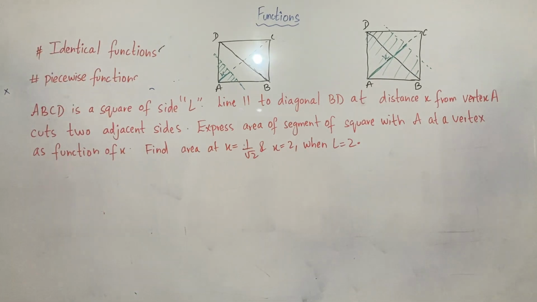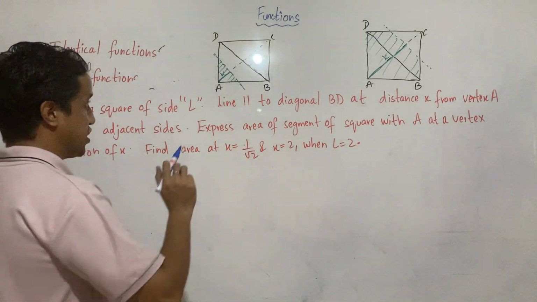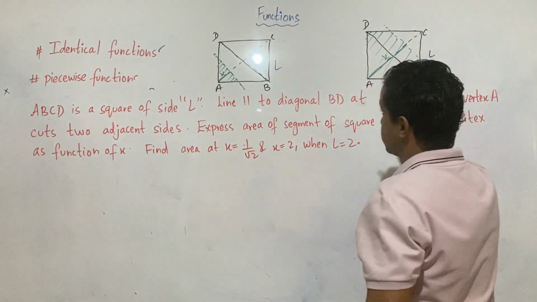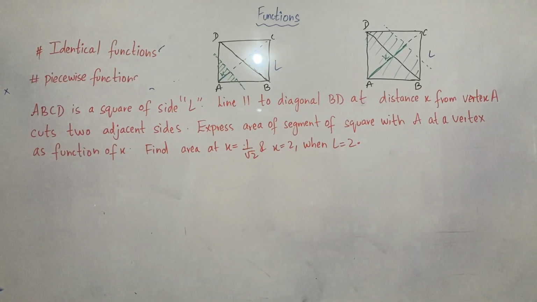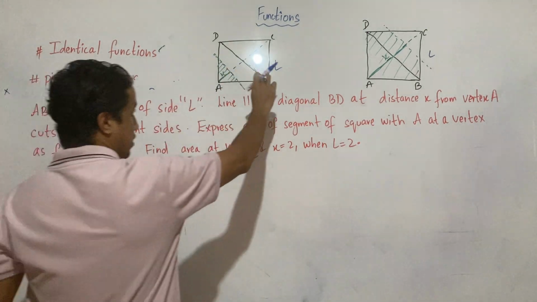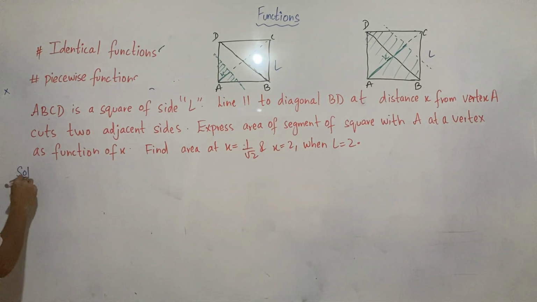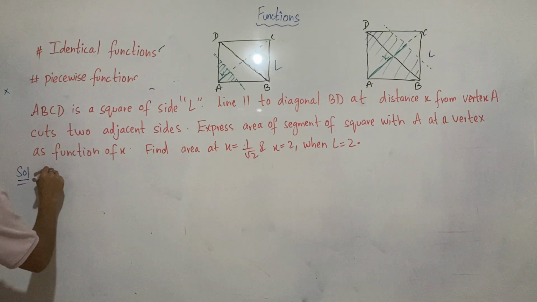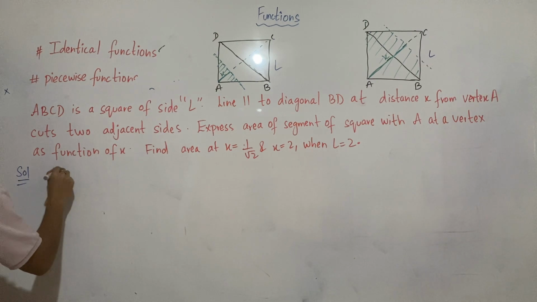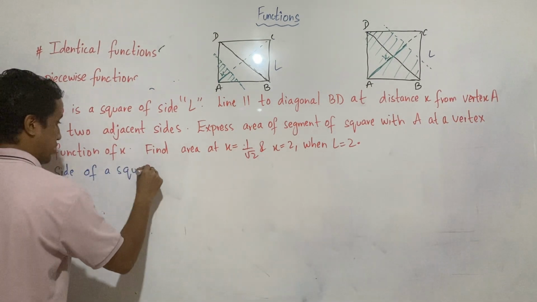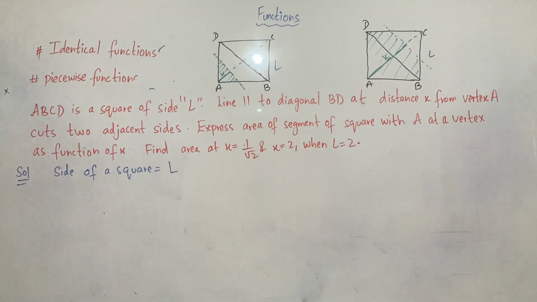Okay, now first of all, we have to find the area of these two segments, right? What we need to see here is that this is the length L. This is the length L. Now, if this is L, the solution says that the side of a square is equal to L, right?